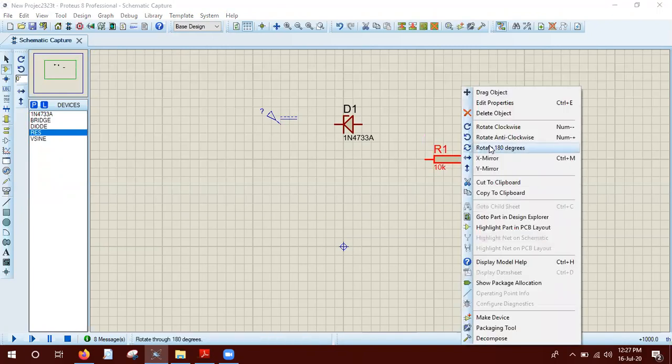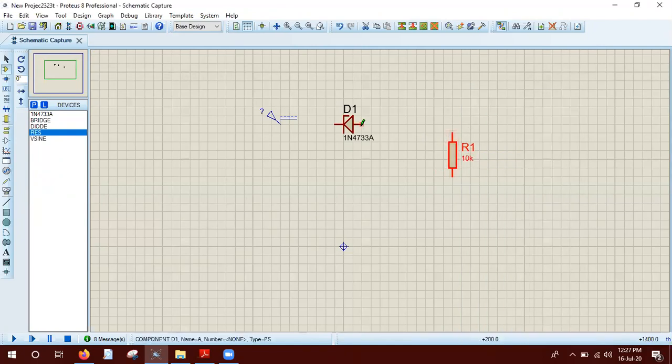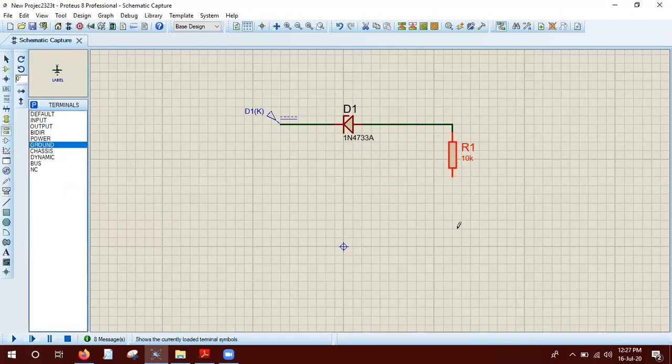So rotate clockwise and connect the resistance. Finally, this one, and nonetheless, there is ground. We need to connect the resistance to ground. Okay, let me connect the resistance with the ground. Okay, that's it.